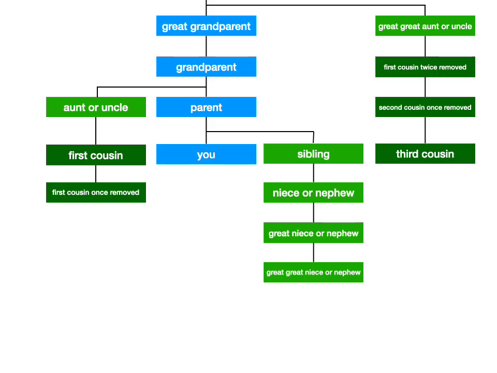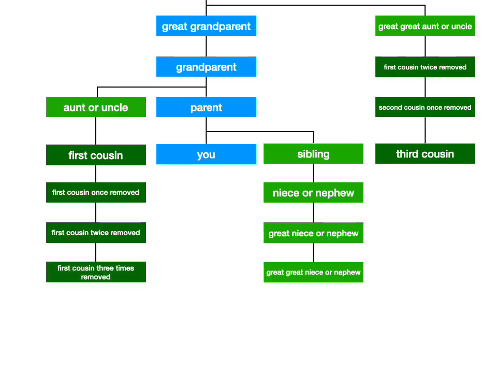With the cousins, that's when we get into degrees of removal below. So your first cousin's child for you is your first cousin once removed. The first cousin's grandchild is your first cousin twice removed. And the first cousin's great-grandchild is your first cousin 3 times removed.